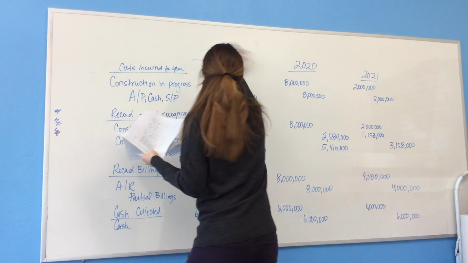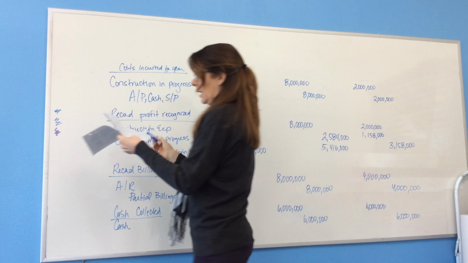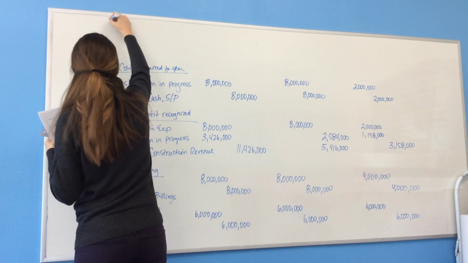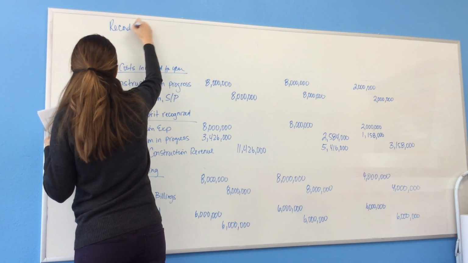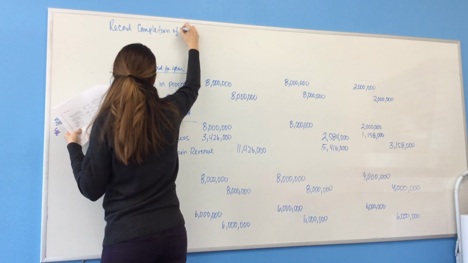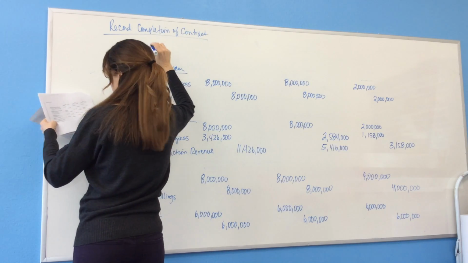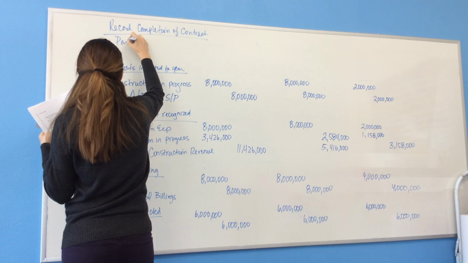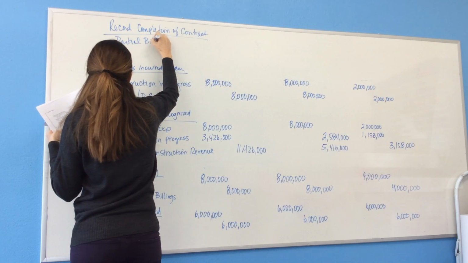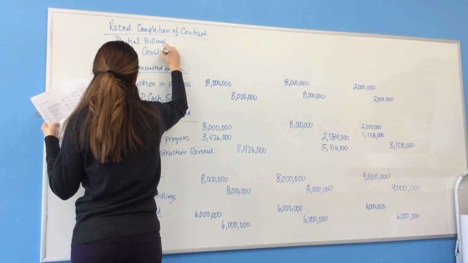The last journal entry, well, you know what the years are. The last journal entry would be recorded completion of contract. And this is just going to be one journal entry in 2020. You would debit partial billings and credit construction in progress.